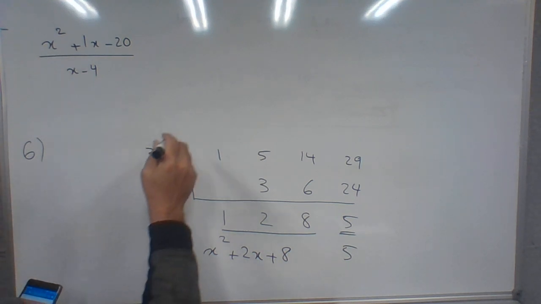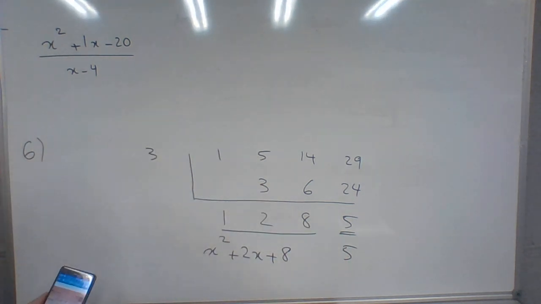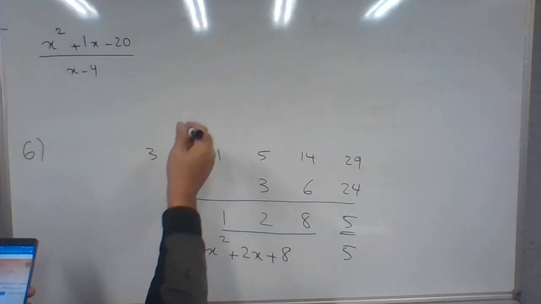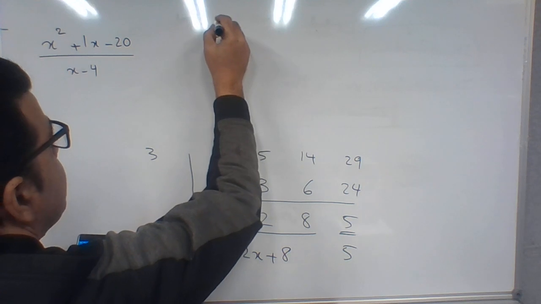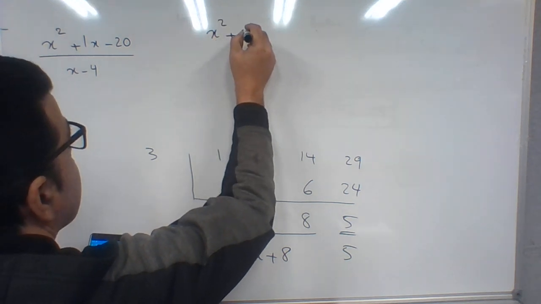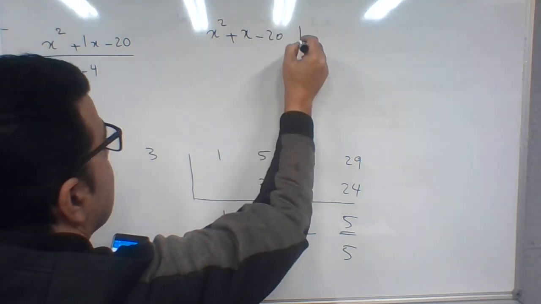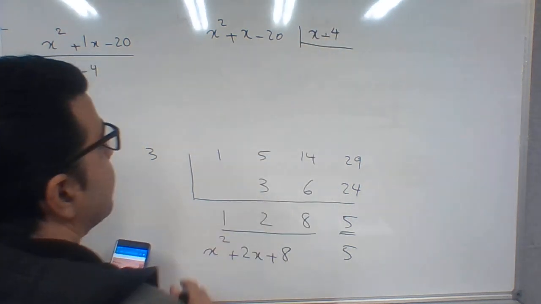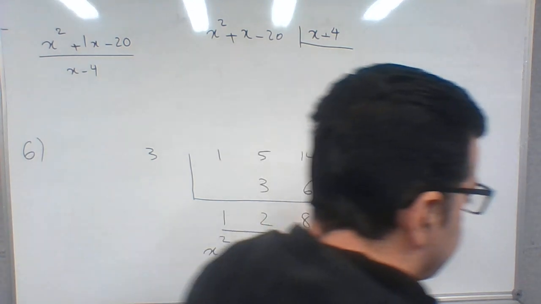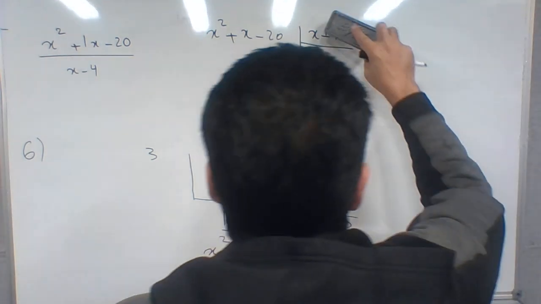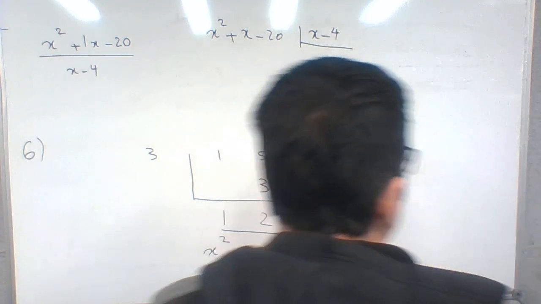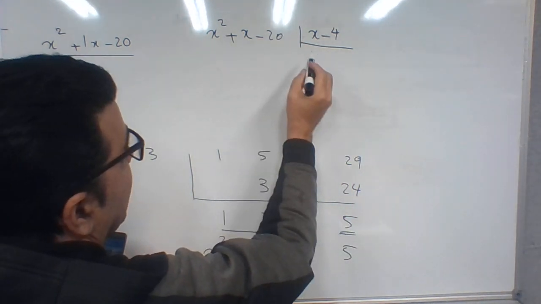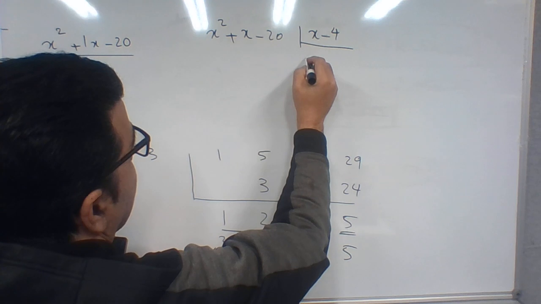Okay, so the previous problem was a synthetic division problem. This problem is just direct division. So I write x² plus x minus 20 divided by x minus 4. Okay, x² divided by x is x.